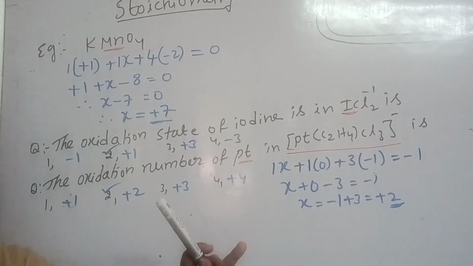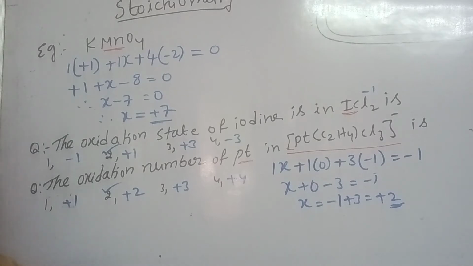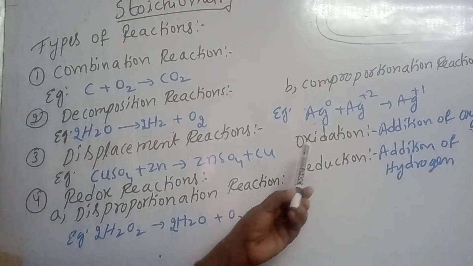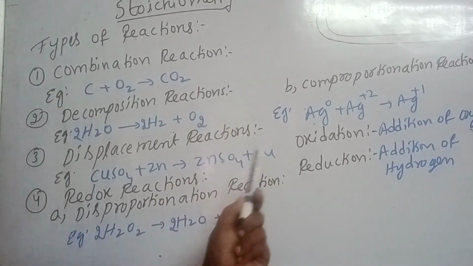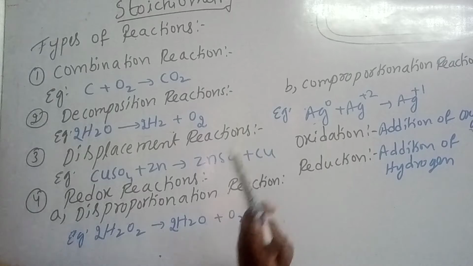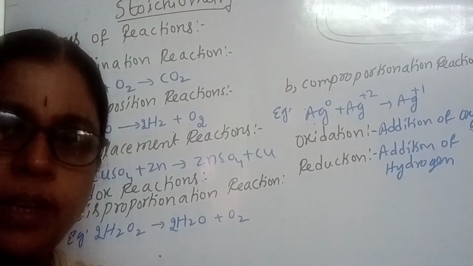Okay, this is about some problems or questions on oxidation states. The next topic in this chapter is types of reactions. Before going to that, we have to know about oxidation and reduction. Oxidation can be defined in different ways.